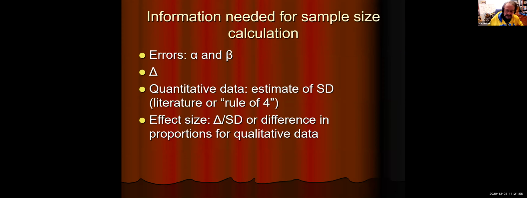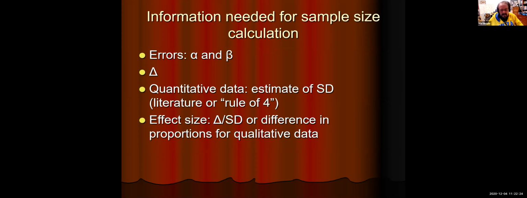There are various ways to get at that, using the literature to see what other studies have seen, or sometimes using the rule of 4, which maybe many of you haven't heard of. The rule of 4 is a really simple and kind of nifty little rule that we often use when we don't have any literature and don't know what the variability is. We basically ask, for this particular outcome, what do I think the minimum and maximum values could possibly be?